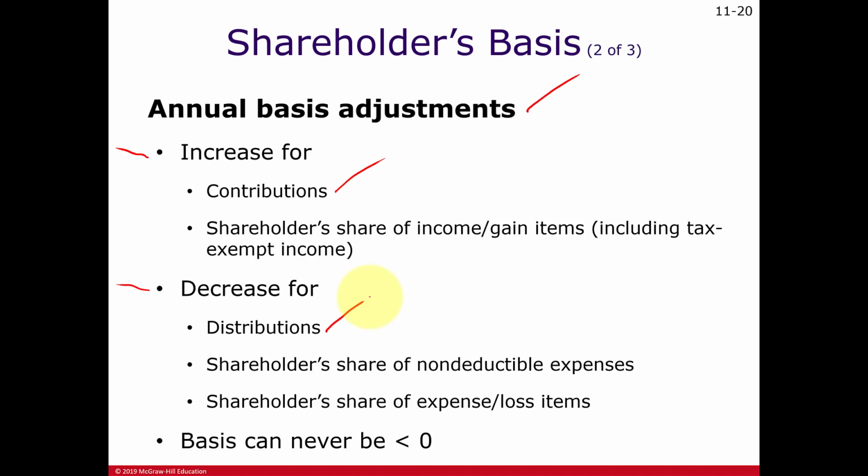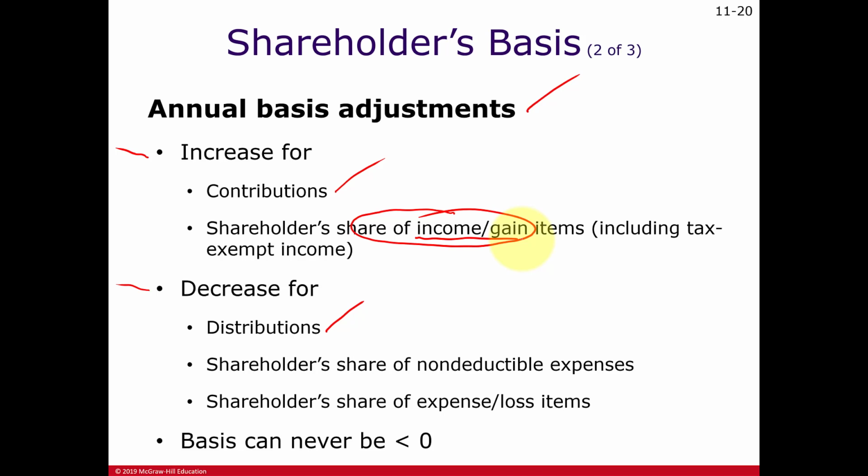Another increase to the stockholder's basis is the amount of income allocated to the amount of shares being owned by that shareholder. Remember, we're dealing with an S corporation that is a pass-through entity. So whatever income or gain is being incurred by the corporation will now be allocated and taxed to the shareholders.